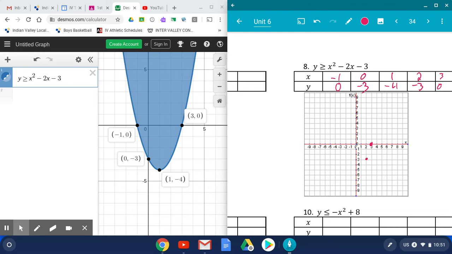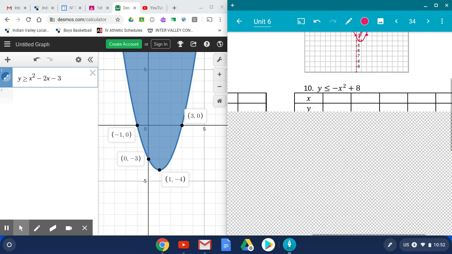And I've got a solid line. And this thing is shaded inside. Well, we're having fun now.